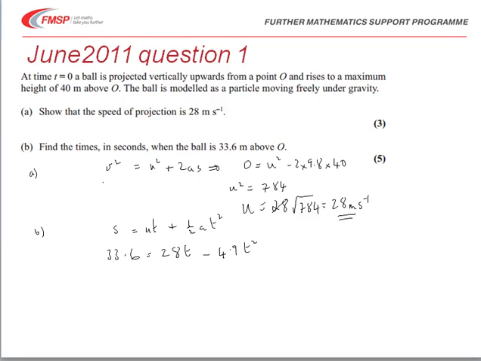If you rearrange that first of all by multiplying by 10 and making the t squared part positive, we get 49 t squared minus 280 t plus 336 equals 0.